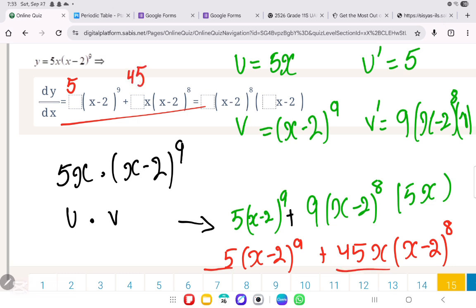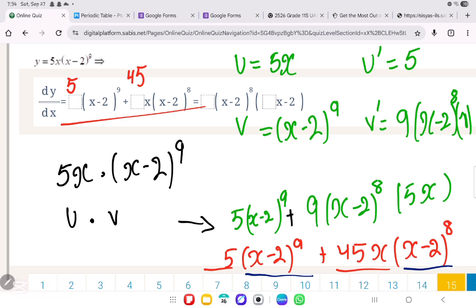Now the next step that they want us to do is to take out the common, but don't take out the common numbers, they mean take out the common exponents. In this scenario, we have (x minus 2) to the power of 9 and (x minus 2) to the power of 8. Which one is the least common factor?